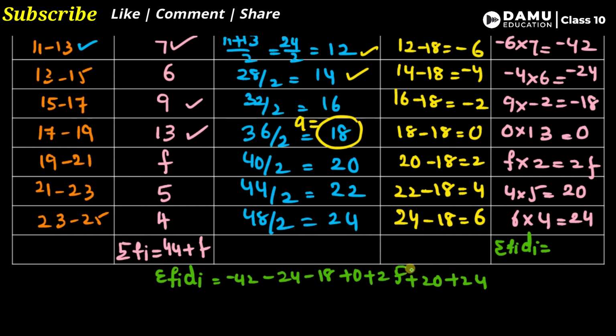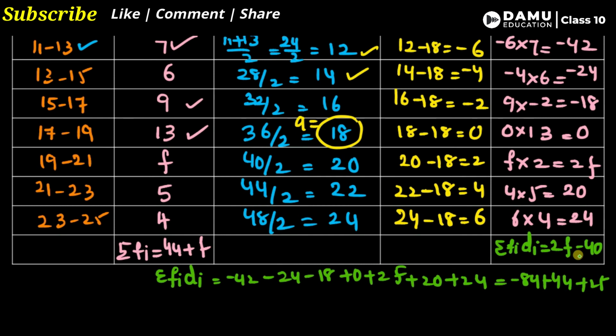If you add 20 plus 24, that is 44. Adding 42 plus 24 plus 18, we get minus 84. Minus 84 plus 44 plus 2f, so we get 2f minus 40. This is the value we need to find.